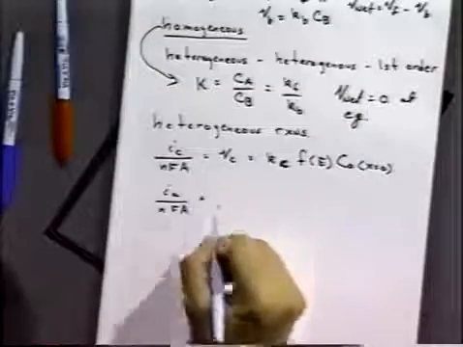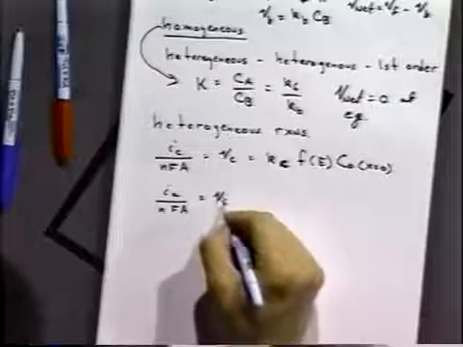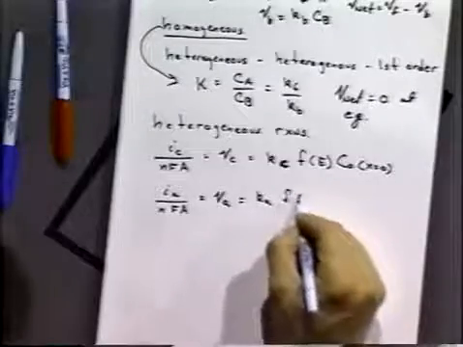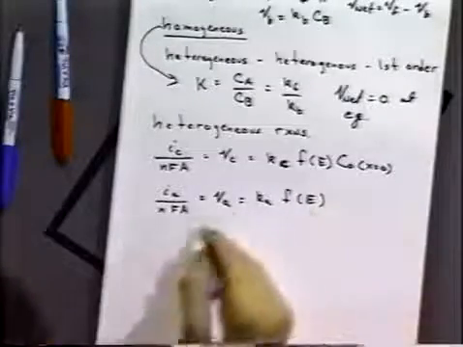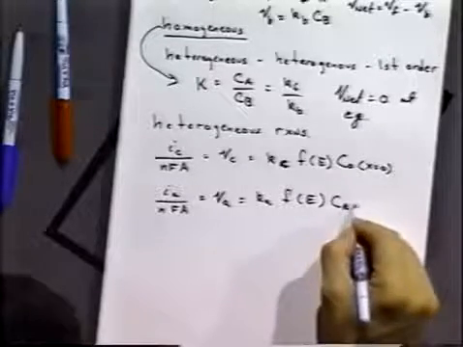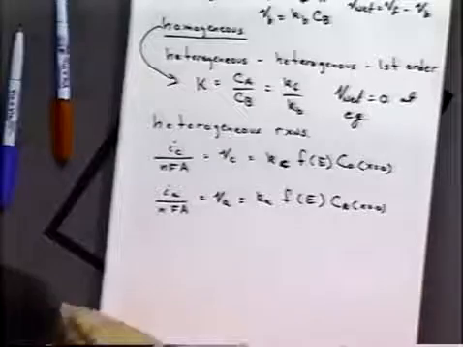And likewise, we can write down an equivalent process for the anodic case, where the velocity is equal to the rate constant in the anodic direction times C sub R, again at the electrode surface.